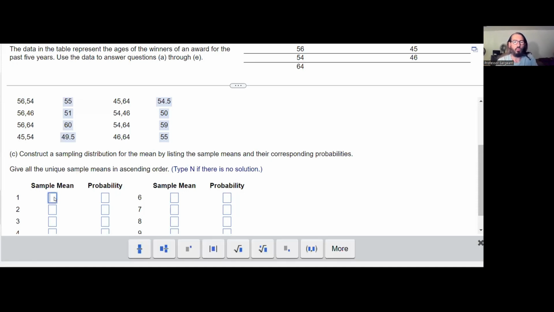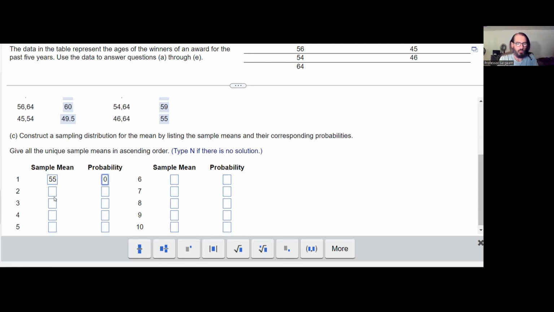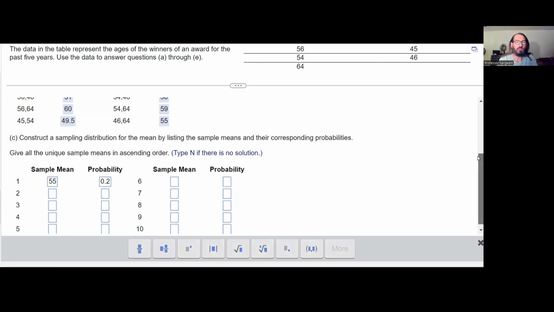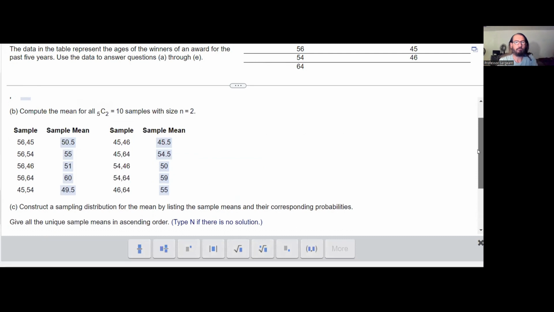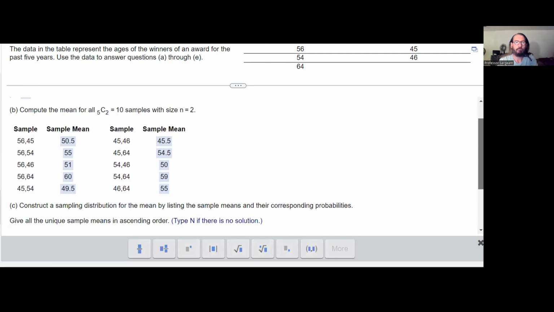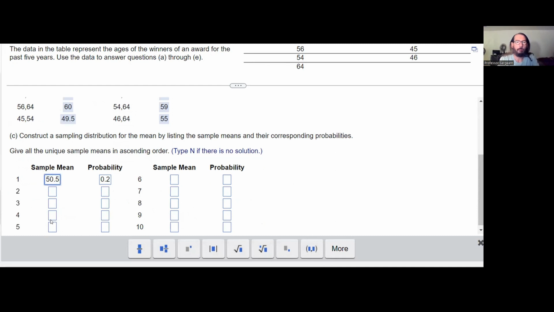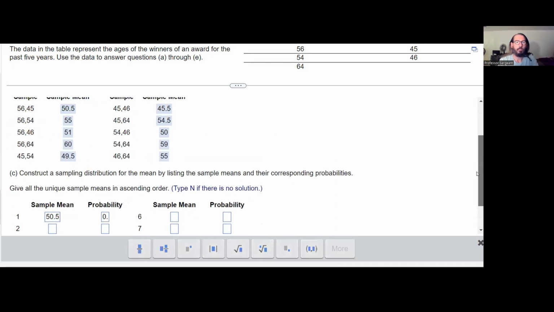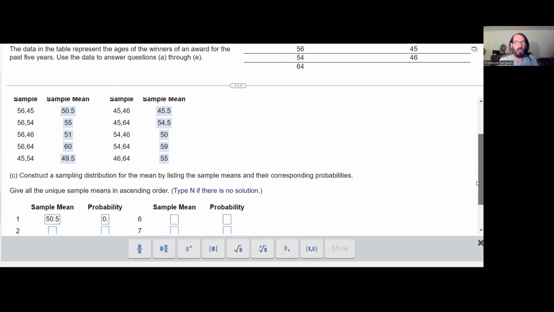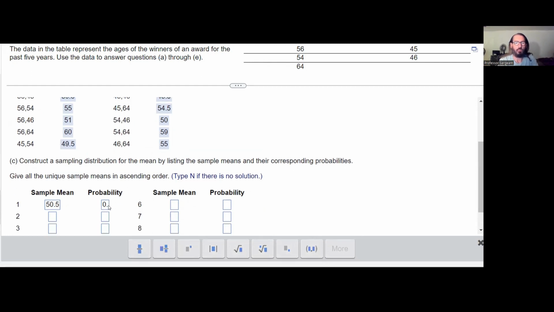That's showing up twice out of the 10. So 2 out of 10 or 0.2. The next one I came up with was, sorry. Not sure about what order they want this in. So if I put the 50.5, that only showed up one time out of the 10. So 1/10, 0.1.